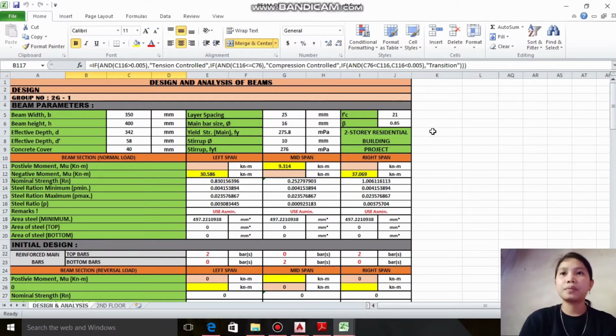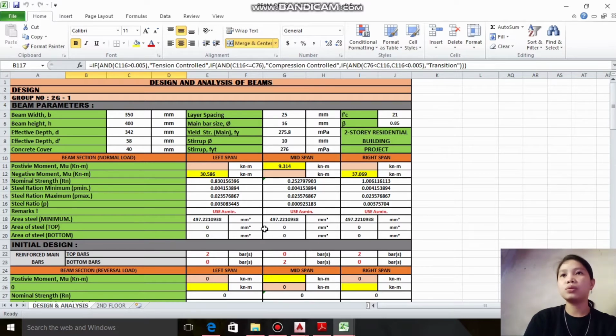Stirrup yield tension 276 MPa. So the positive moment for mid span is 9.314 kN-m. The negative moment for the left span is 30.586 and the right span is 37.069.